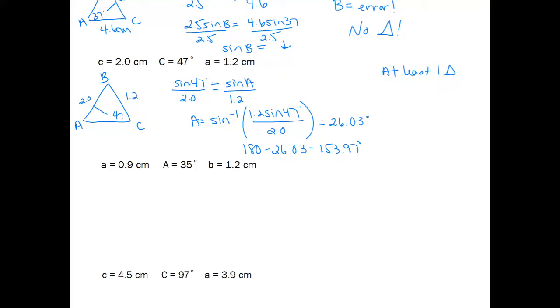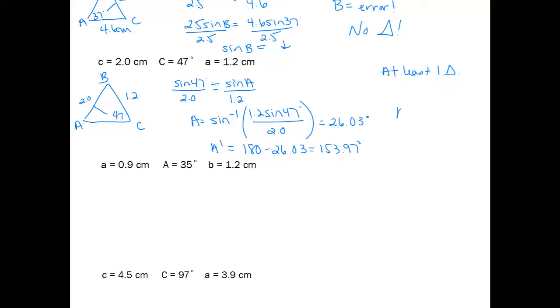So if there is to be a secondary triangle, and when we do end up getting a secondary triangle, we would call this angle that we're finding right now A prime, because it's the second triangle of the original. If that were to be the secondary triangle, the thing we have to keep in mind is that the original information is the same for both triangles, if there is a second one. So the angle C that we had from earlier was 47 degrees.